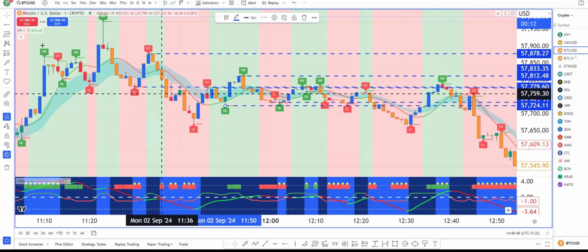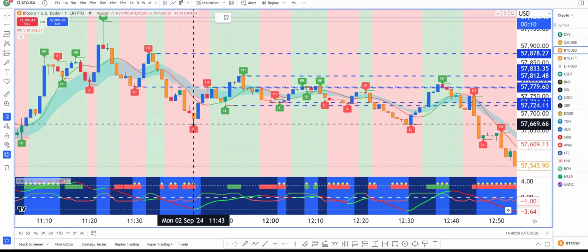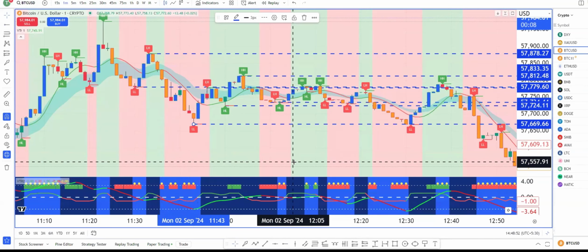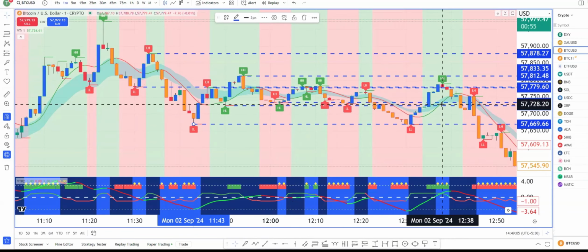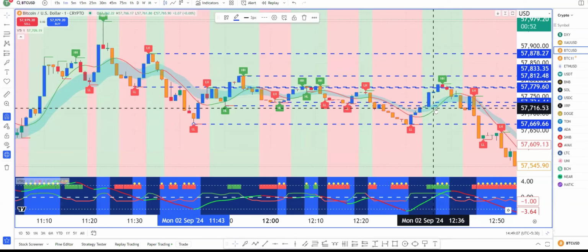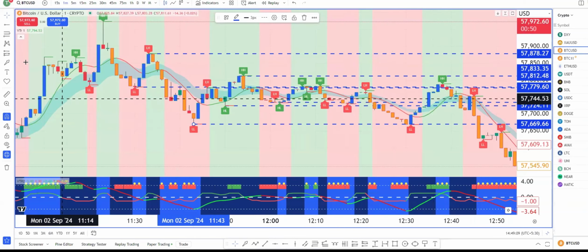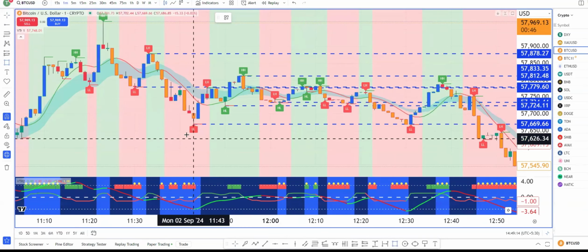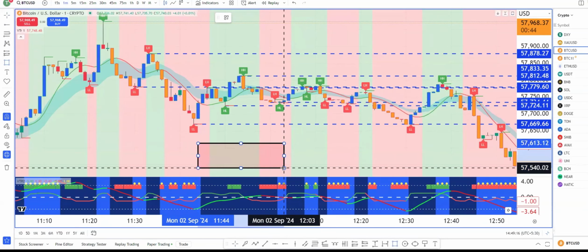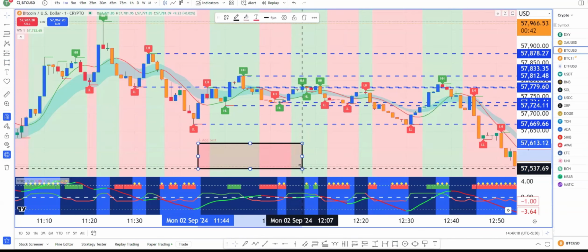This is the place where the majority of newcomers in the stock market, people who do not have experience, will start losing money. But our system is saying, do not trade in this range because this is a trap zone. This is a trap.